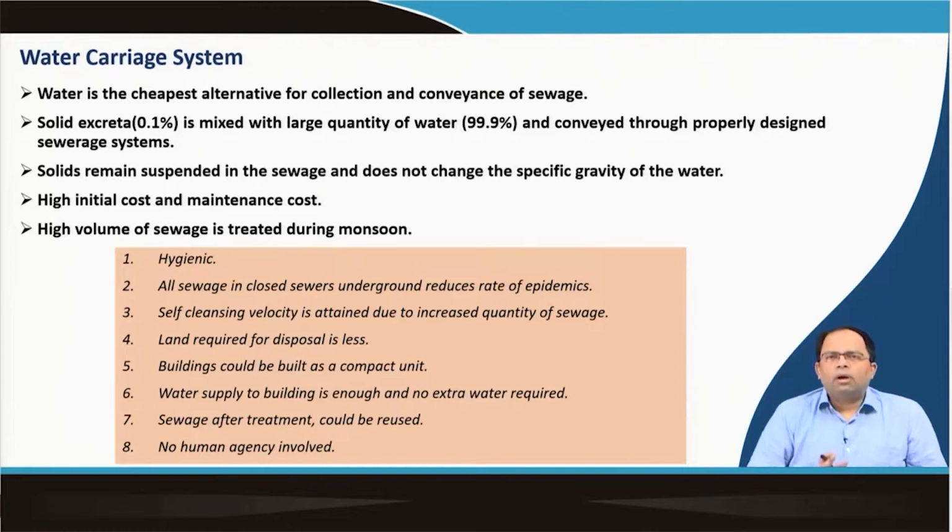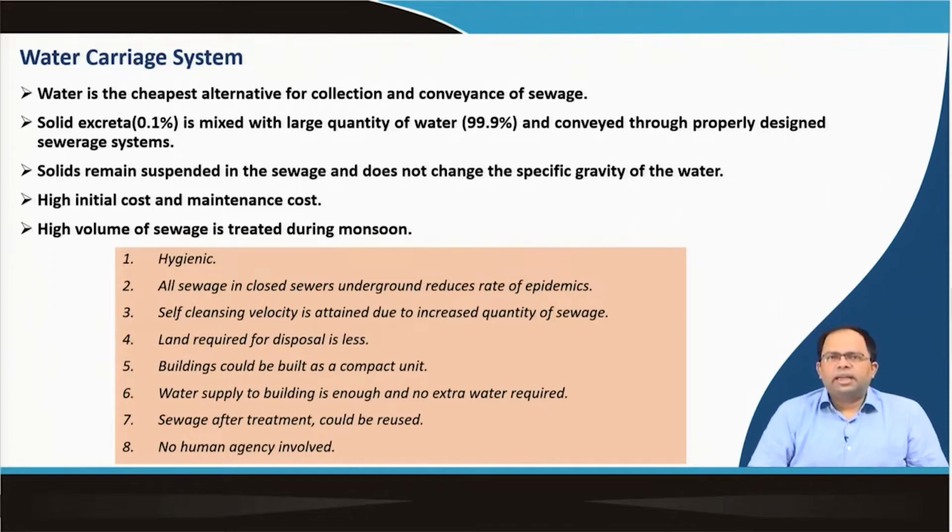Overall, in general we can say that the water carriage system is much more hygienic, because the sewage does not stay at the place of generation, it is immediately conveyed. Sewage is also carried through closed sewer systems underground. This reduces the rate of epidemics, because people are not coming in contact with the sewage.